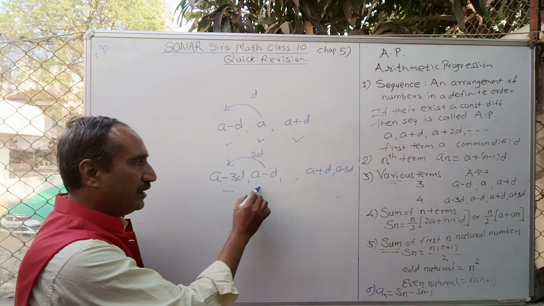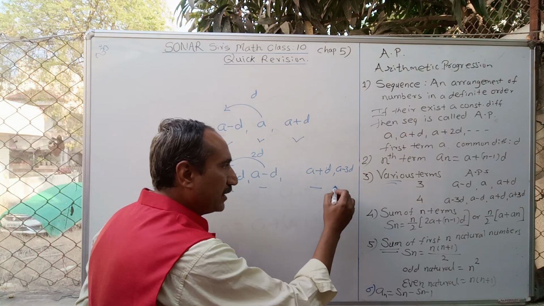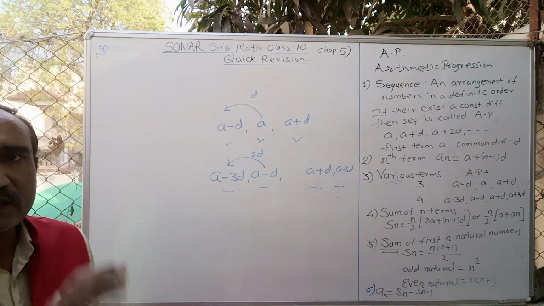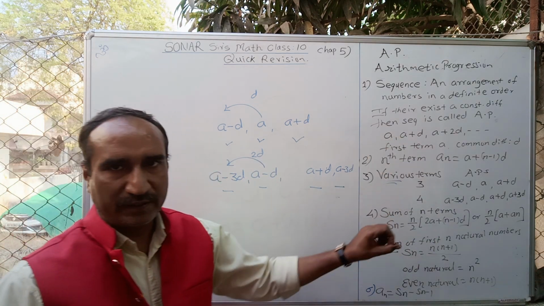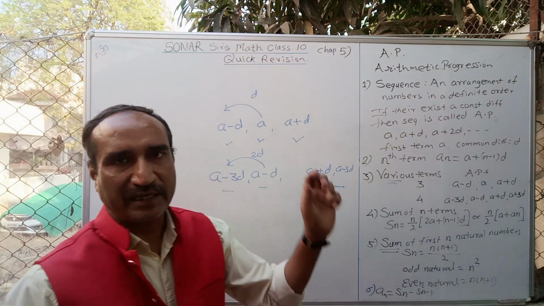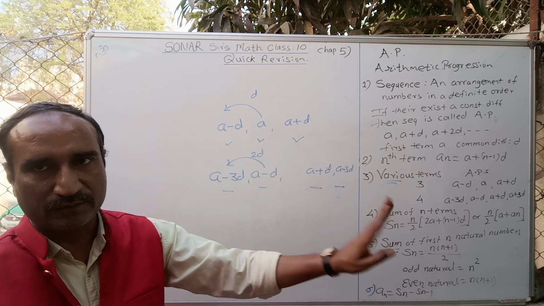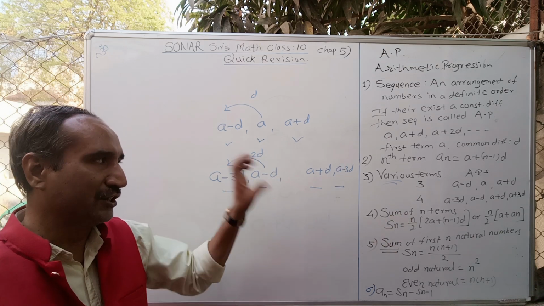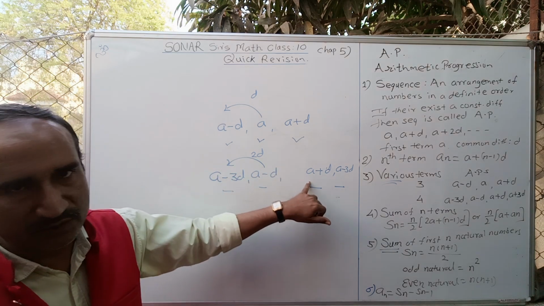These are the 4 terms we have to consider when in an AP word problem it is asked to find the 4 terms and the relation between the first and second term or first and fourth term, or middle 2 terms, is given. At that time we have to assume the terms this way.